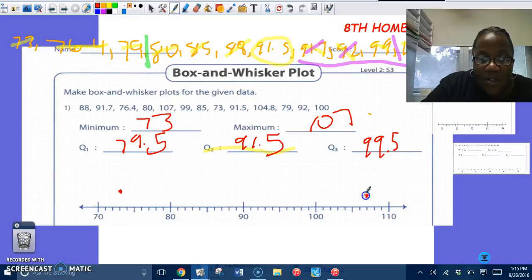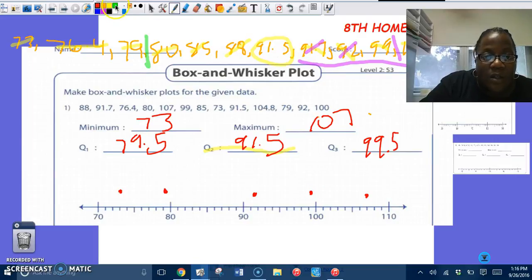There's 107. 79.5 would be halfway. And 91.5. This is 91, 91.5. And then 99.5. This is 99, 99.5.